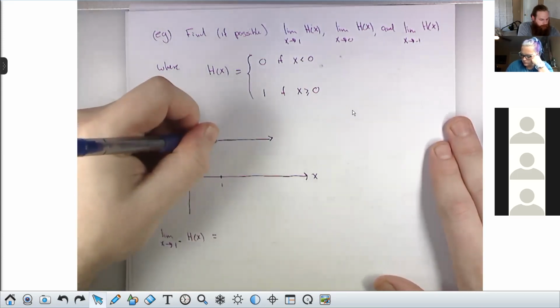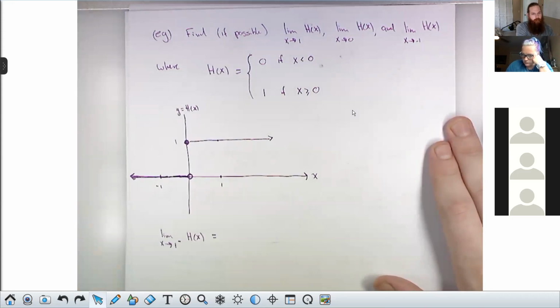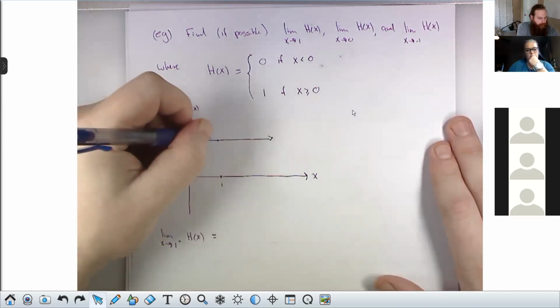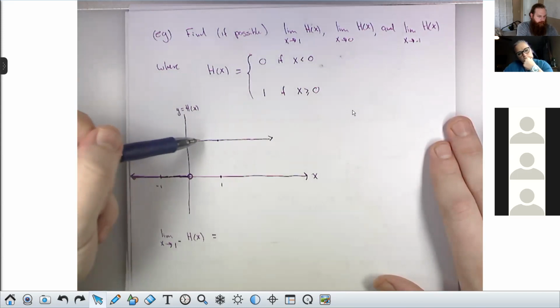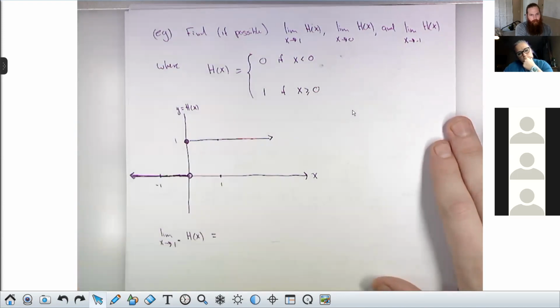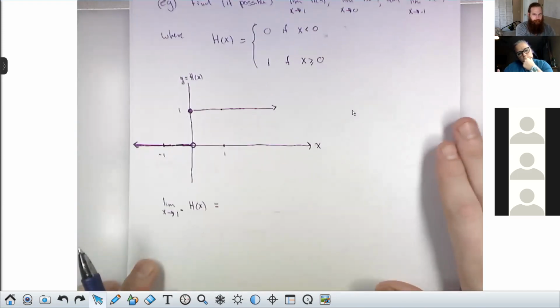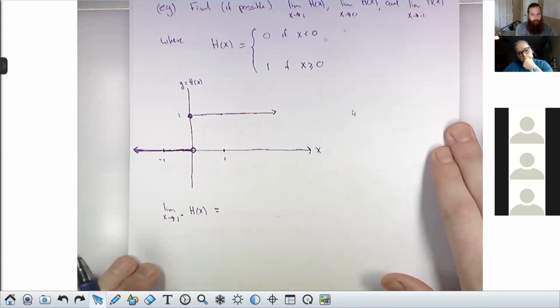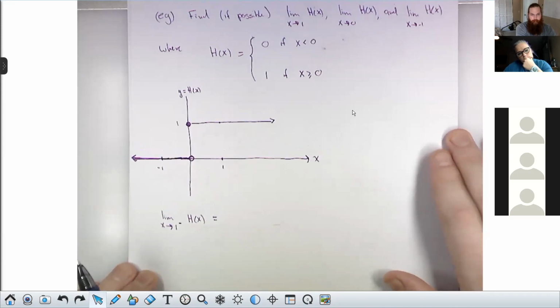So here's the point at x equals 1. If I'm a little guy on the graph walking closer and closer to this point from the left, is my y value getting closer and closer to any particular number?